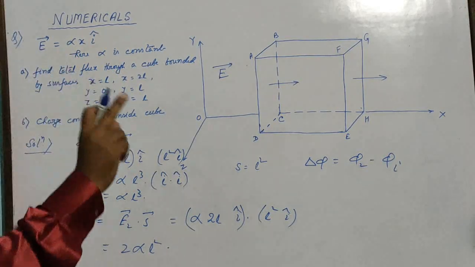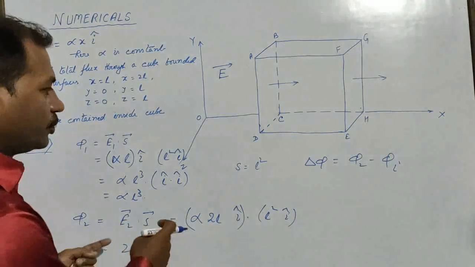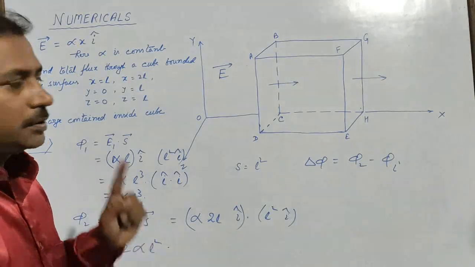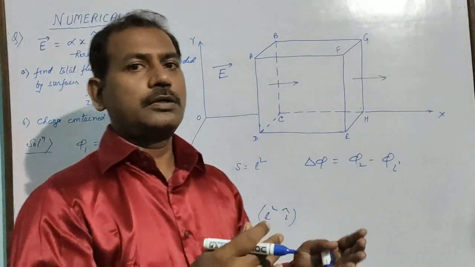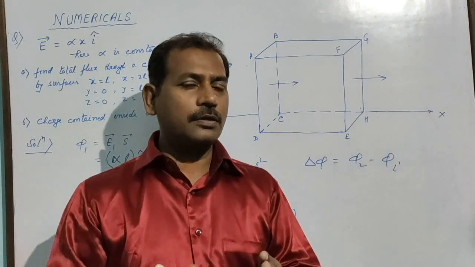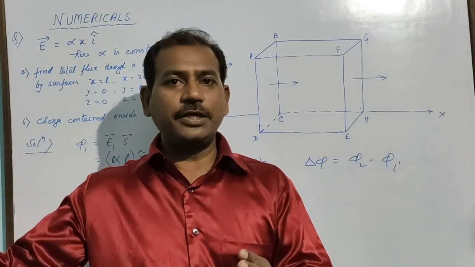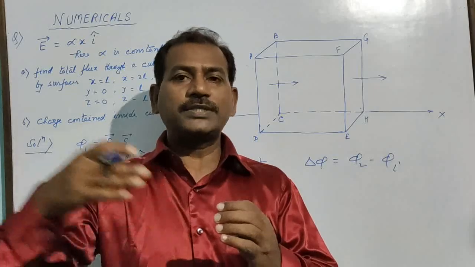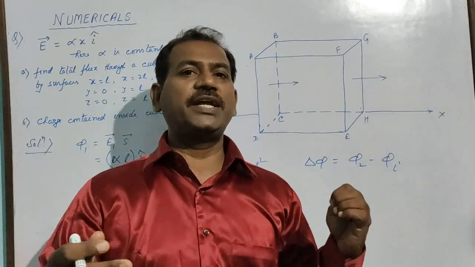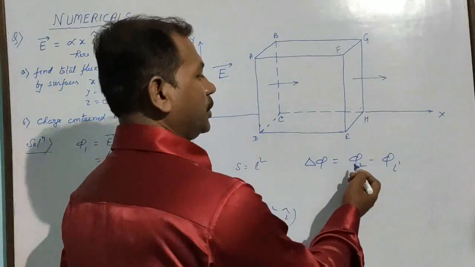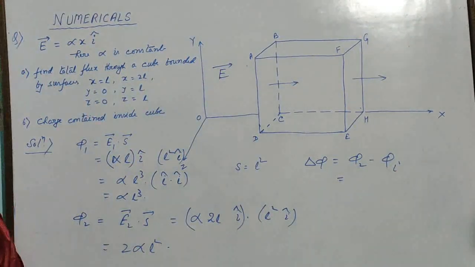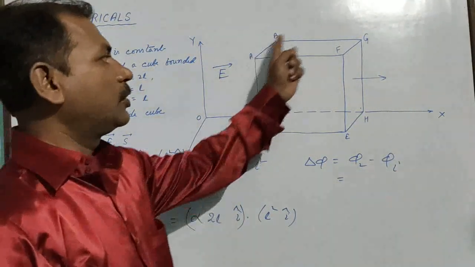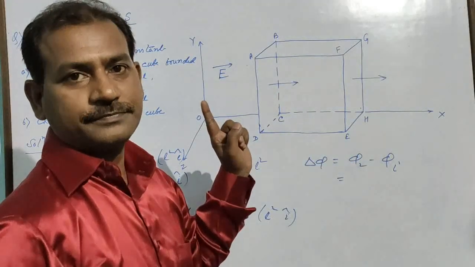If the value of alpha is also given to you, you can substitute it. So net flux means total flux exiting minus total flux entering. So it is phi 2 minus phi 1. You can subtract these two values and you will get the net flux enclosed within it.